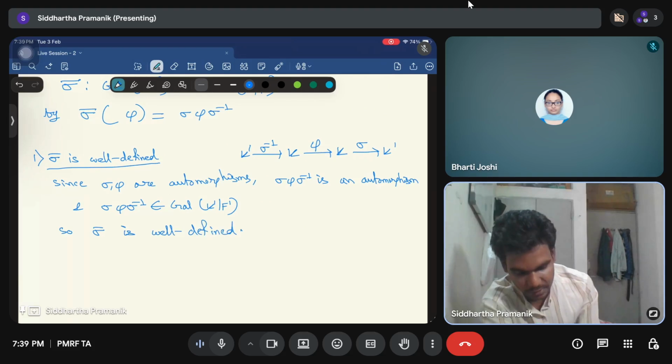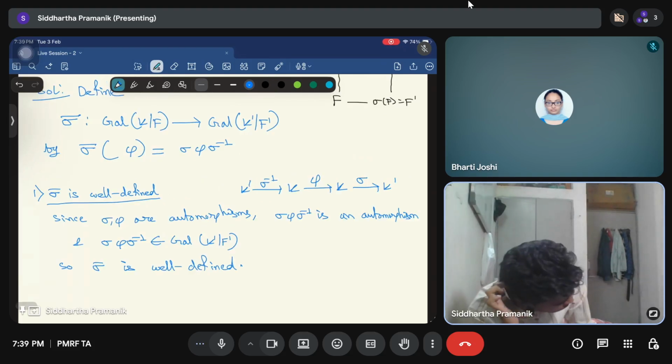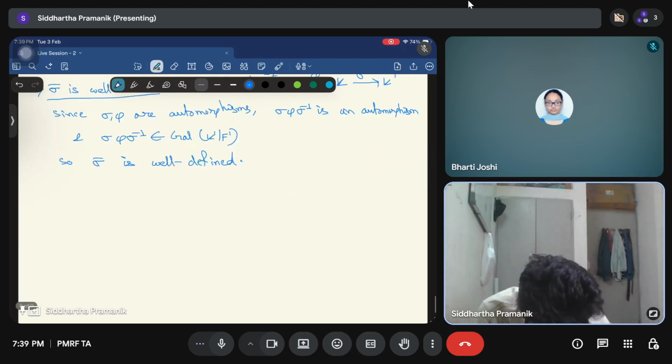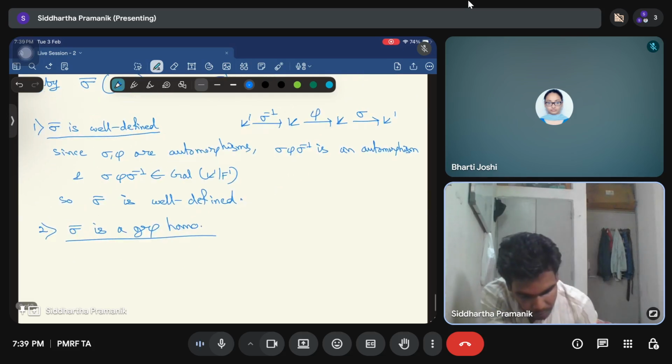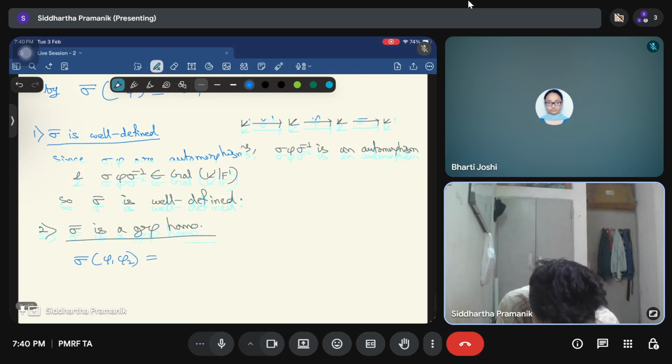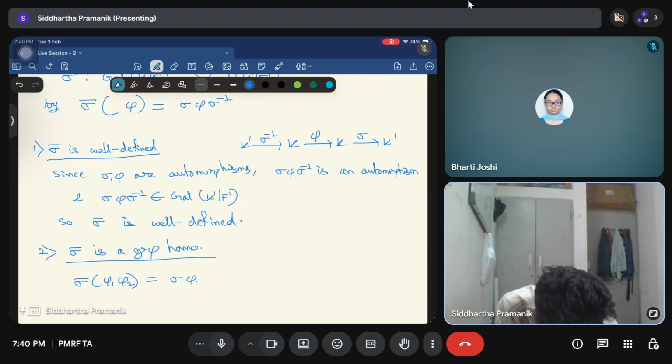Okay, now we need to check it is a group isomorphism. Checking bijection and group homomorphism, those are trivial things, but let me write it down for your convenience. So how to prove that it is a group homomorphism? Sigma bar of phi 1 phi 2, by definition, is sigma phi 1 phi 2 sigma inverse, right?